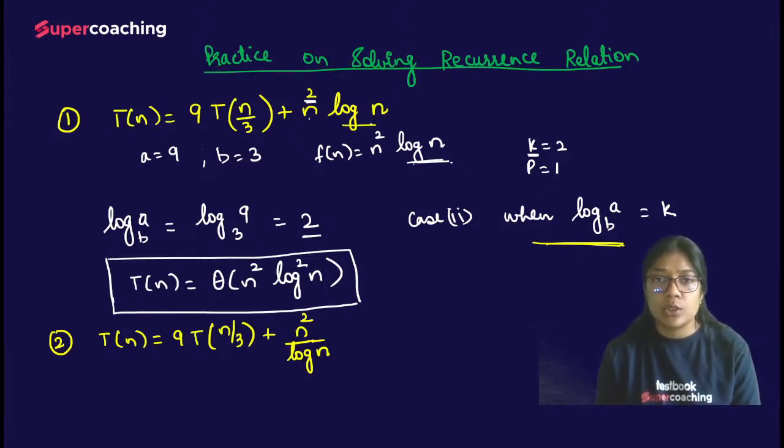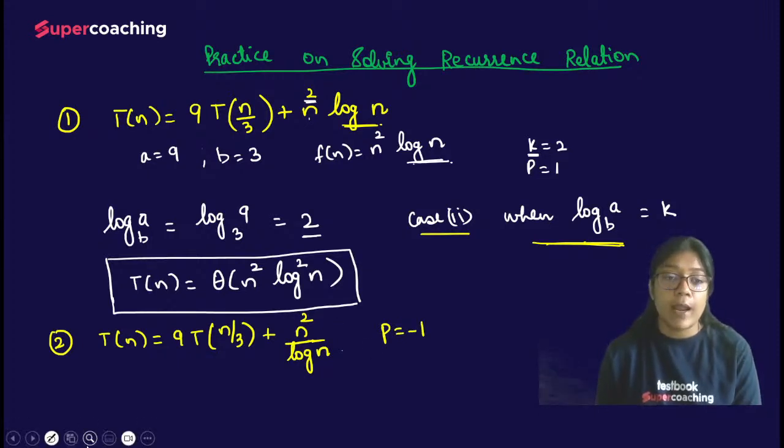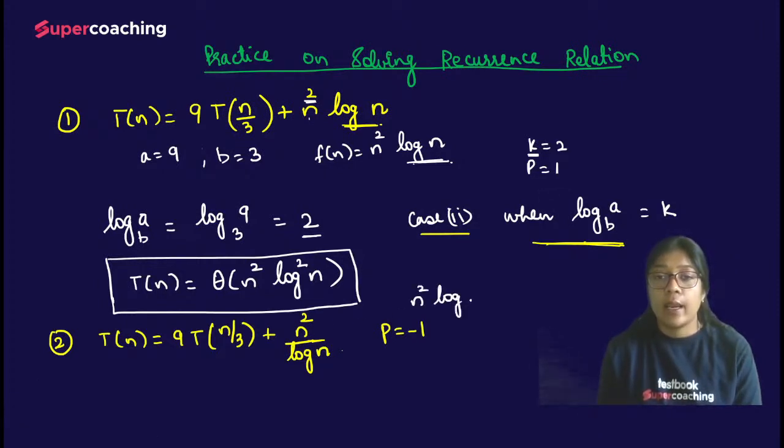I'm just making a change to this logarithmic term, rest everything is the same. So this also belongs to case 2, but here we are getting p equal to -1, right? If I write this in the desired format, this will be written as n square log n with the power -1. So in this case, k is equal to 2 and p is equal to -1.